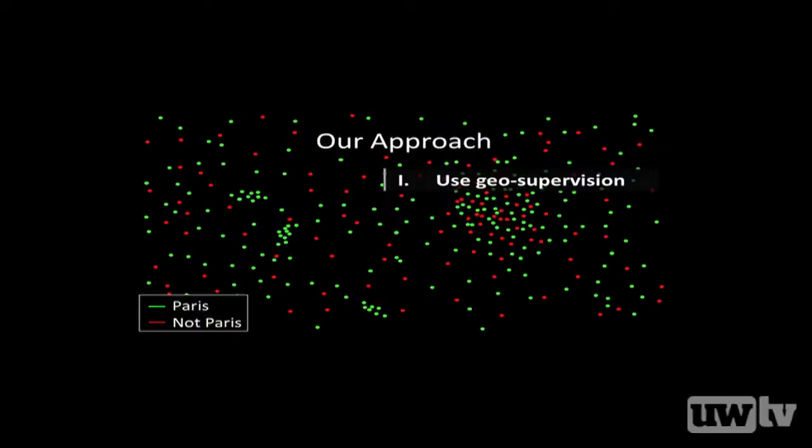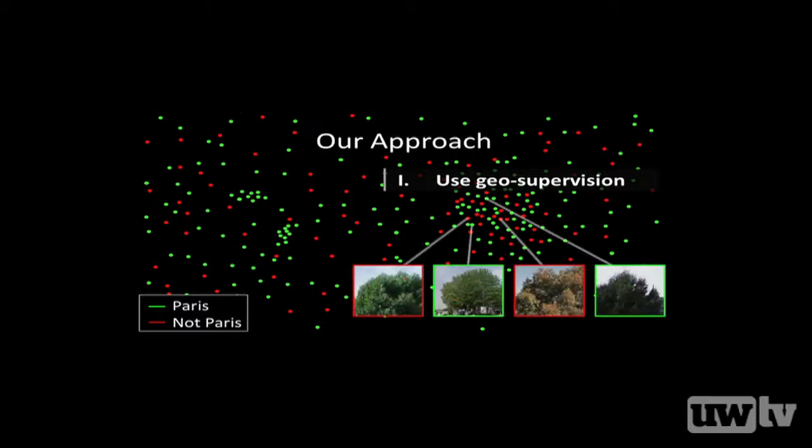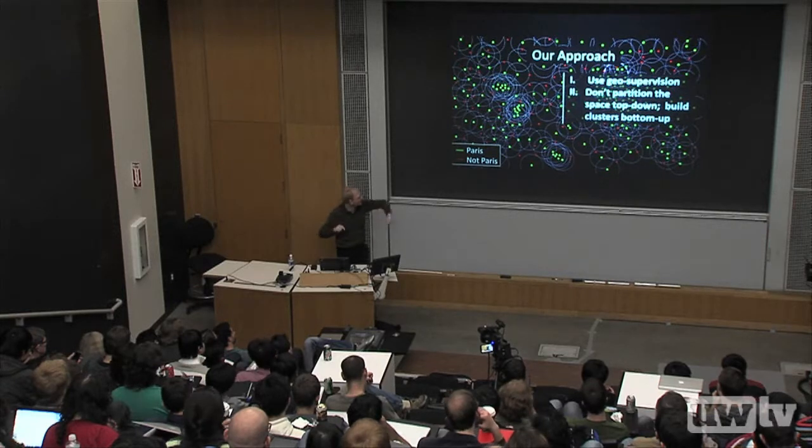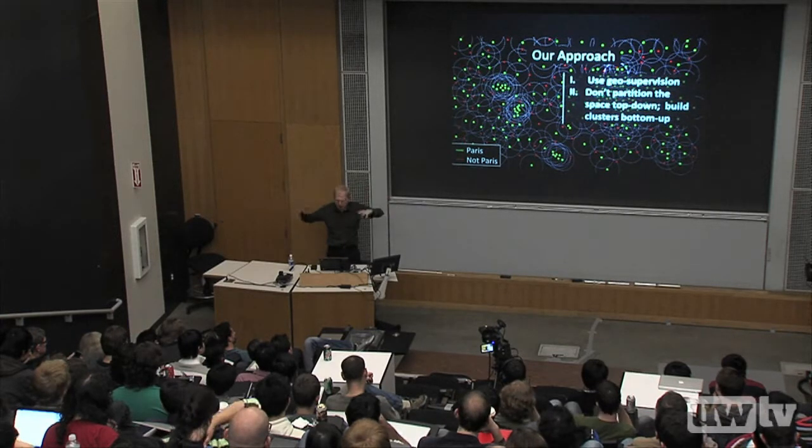So the idea is to first add all our negative non-Paris data in there, so we can quickly get rid of things that are not likely to be in Paris, or not likely to be representative of Paris. Something like this gets rejected because these trees happen in Paris and not in Paris. Then for the rest of the data, we start a potential cluster at every point, or nearly every point.